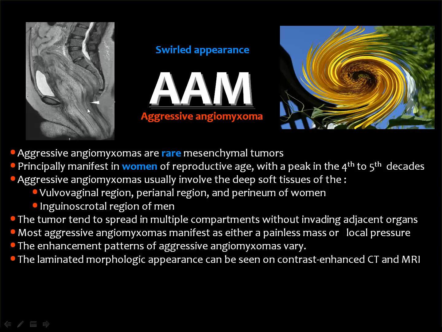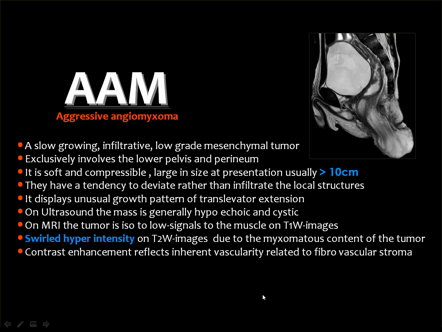And in the T2 weighted image, you can see this striated or swirled appearance. And this appearance, according to the literature, is not seen in any of the lesions occurring in this area except for the aggressive angiomyxoma. The aggressive angiomyxoma is a slow growing tumor.